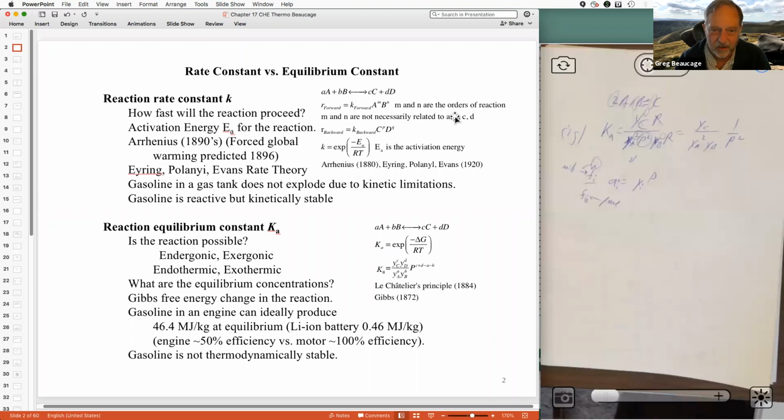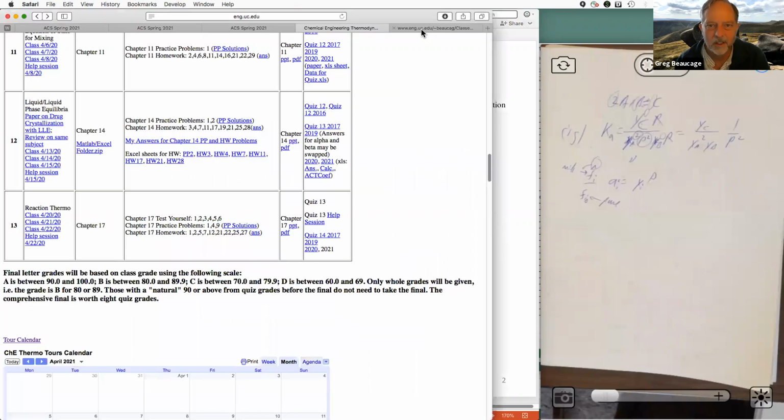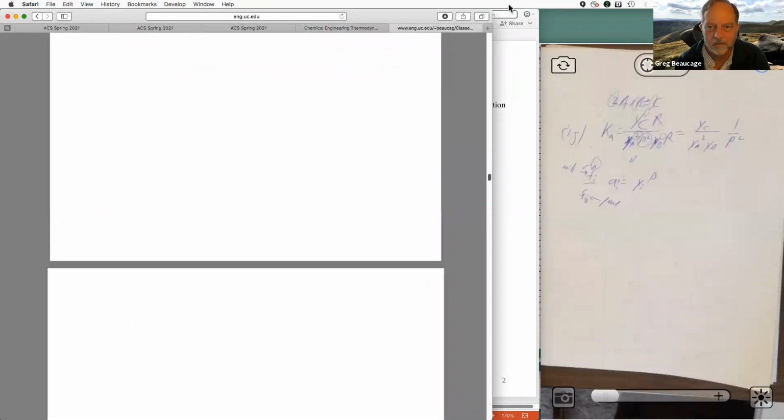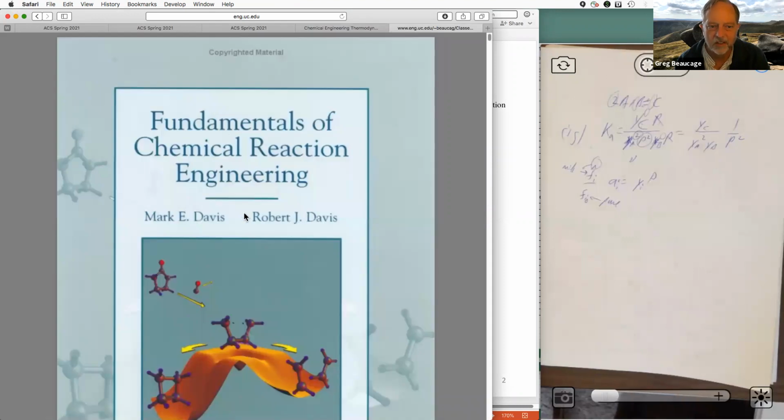there's this issue straight off. So there's a book I put up on the web page that has to do with reaction engineering. It's called Fundamentals of Chemical Reactions. You might want to look at this.